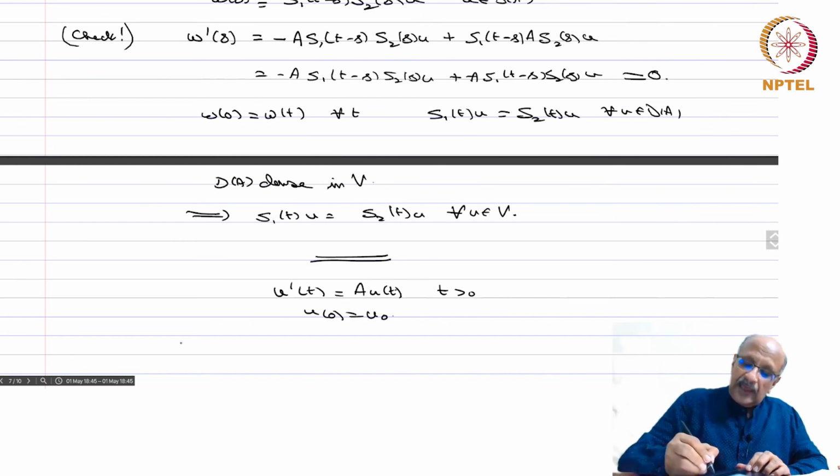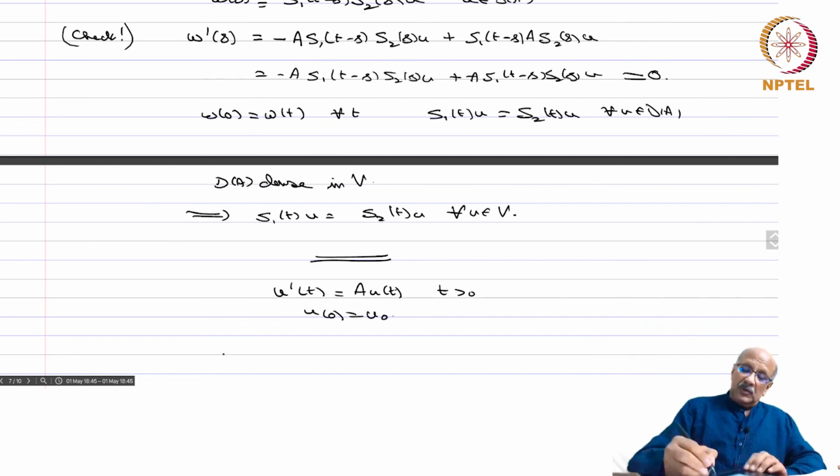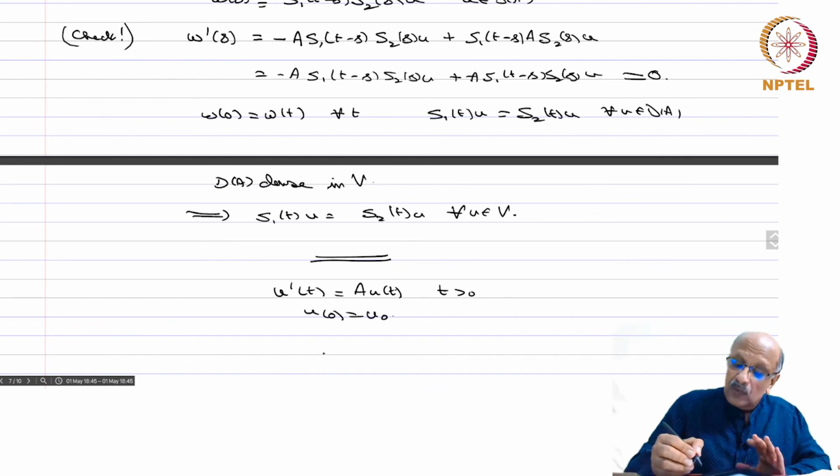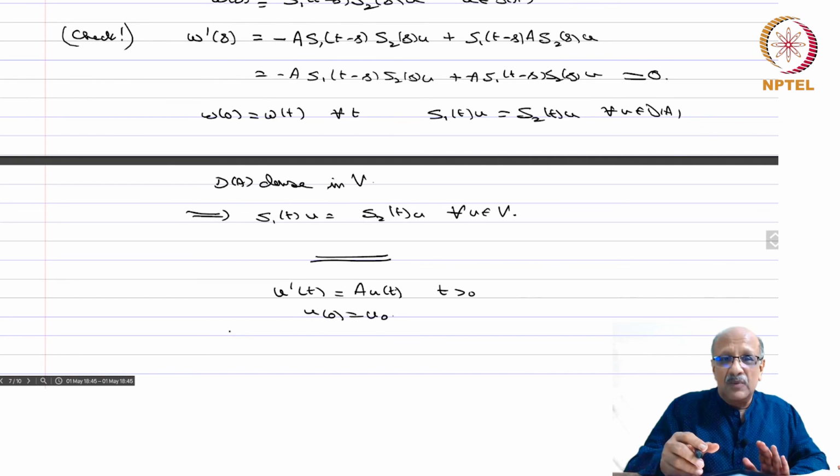So if we know that A is the infinitesimal generator of a C0 semigroup S(t) and u0 is in the domain, then we have a classical solution for this, namely u(t) equals S(t) of u0, and so we are interested in identifying those unbounded operators which are infinitesimal generators of C0 semigroups, and as a starting point we have said the necessary condition for this is that A has to be closed and densely defined. So we will now explore this further, and that will finally lead to the Hille-Yosida theorem, which completely characterizes those unbounded operators which generate C0 semigroups.